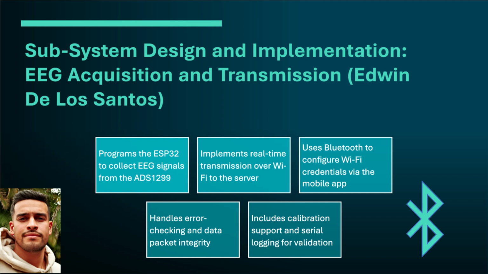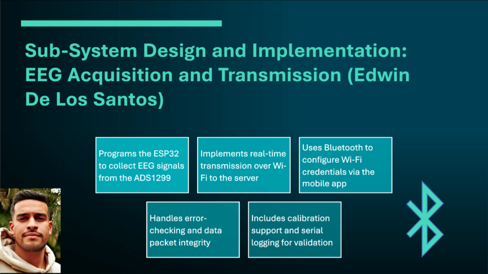In this slide, we will be going over the subsystem design and implementation of the EEG acquisition and transmission. The way this will be done is that an ESP32 will be programmed to collect EEG signals, which are the alpha, beta, delta, gamma, and theta signals, and will be sent to an analog to digital converter, which will be the ADS 1299.